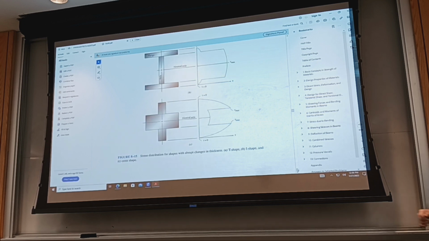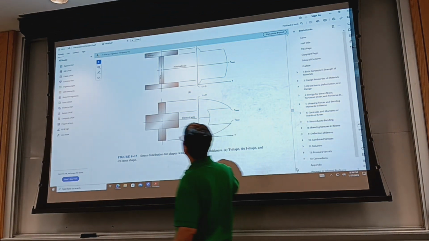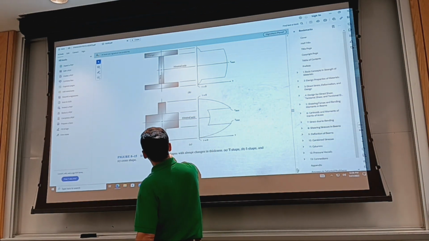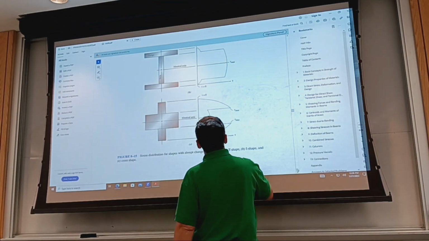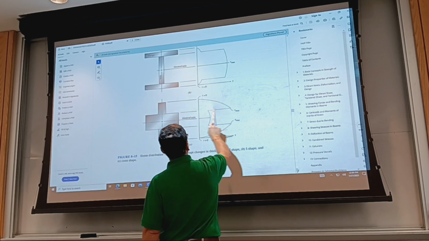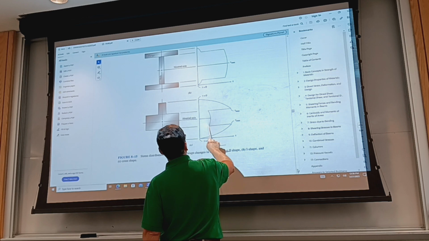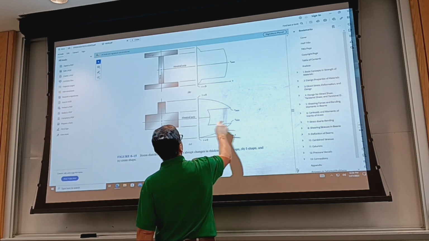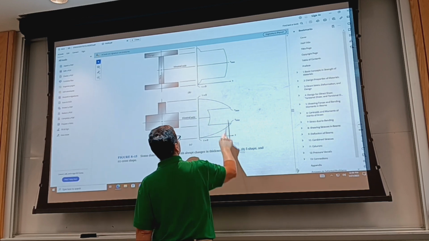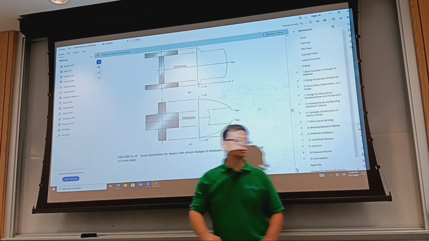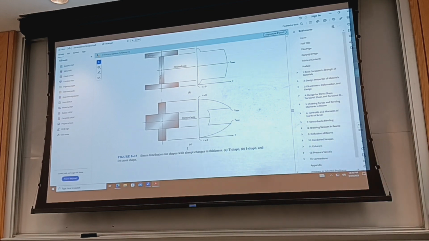And then the cross with different thickness arms. So the shear stress maxes, as you can see, not at the centroid. It's actually small at the centroid or the neutral axis, but it's maximum where the transition between the two geometries happens. Okay.